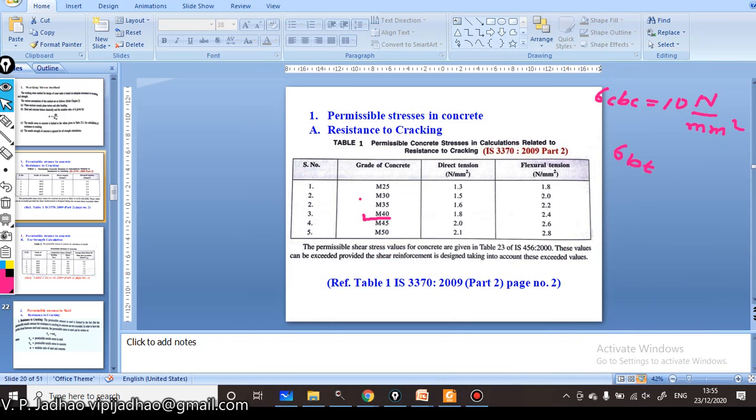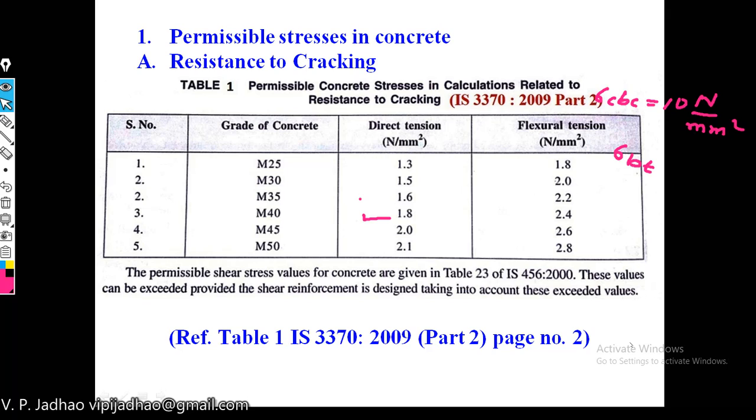So these are the values of permissible stresses. For M30 grade of concrete, the value of sigma BT is given as 2 Newton per mm square.